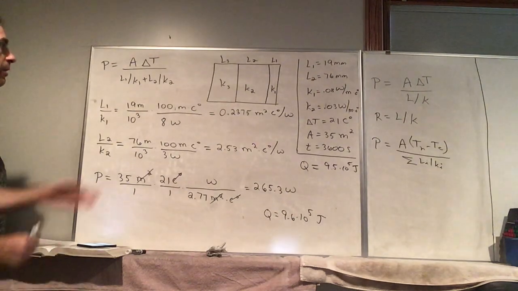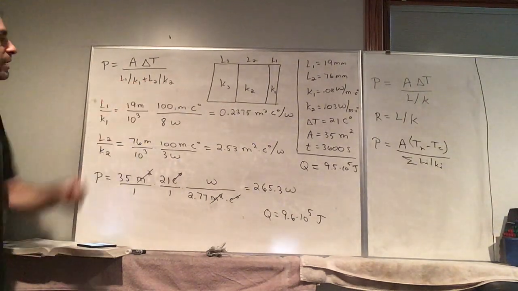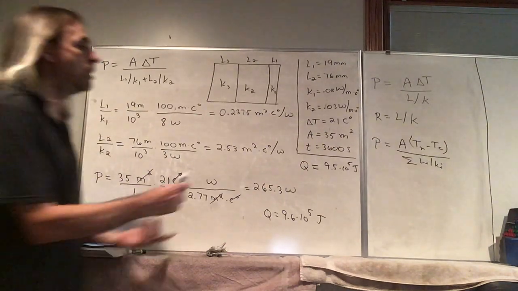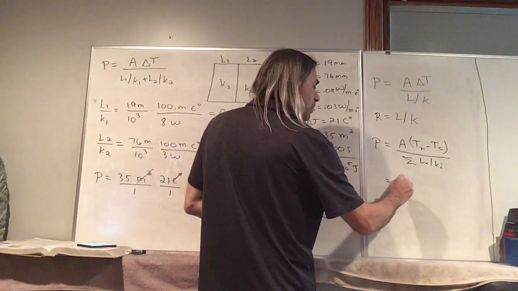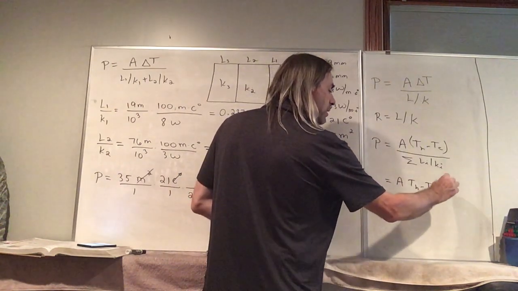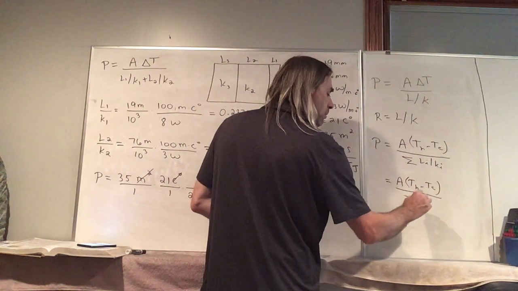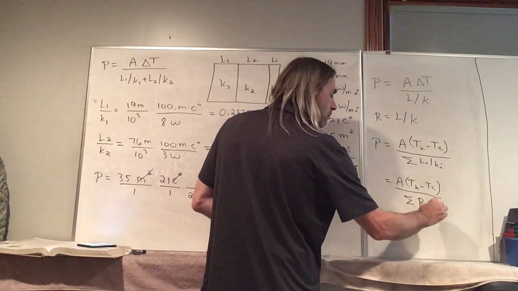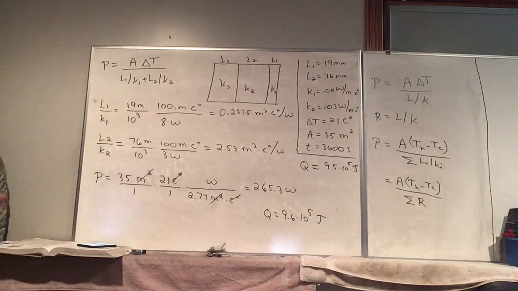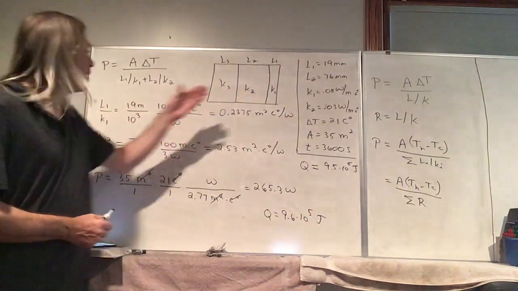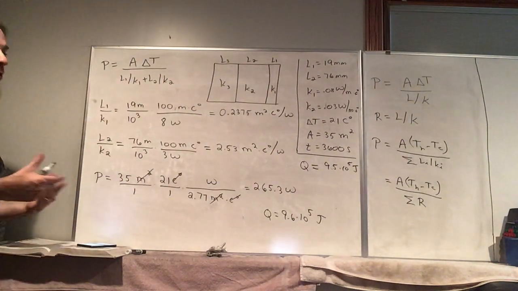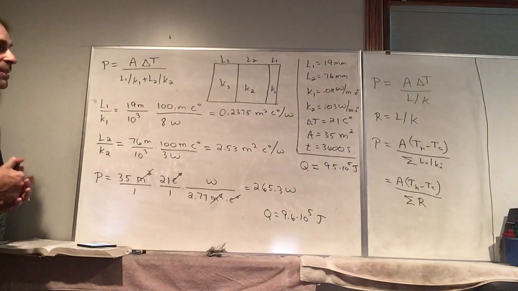If you have 2 materials, you'd have L1 over K1 plus L2 over K2. For 3 materials, you just have 3 terms. Or another way of writing this is A times TH minus TC over sigma R. So each material has a length and a thermal conductivity, and you can define R as just a property of this material.